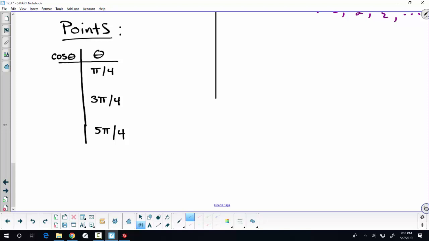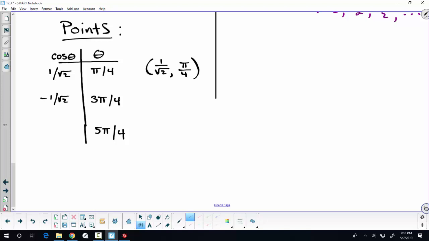Okay, so when theta is pi over 4, r is cosine of pi over 4, which is root 2 over 2 or 1 over root 2. So we have the point r, theta. When theta is 3 pi over 4, cosine of 3 pi over 4 is negative 1 over root 2.